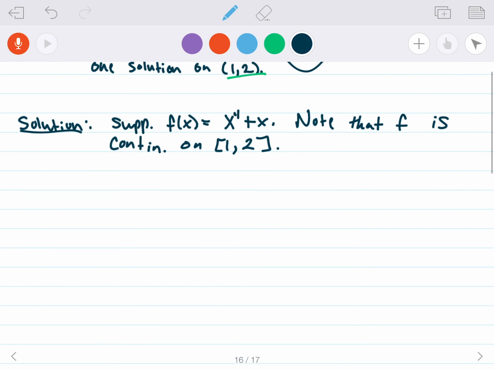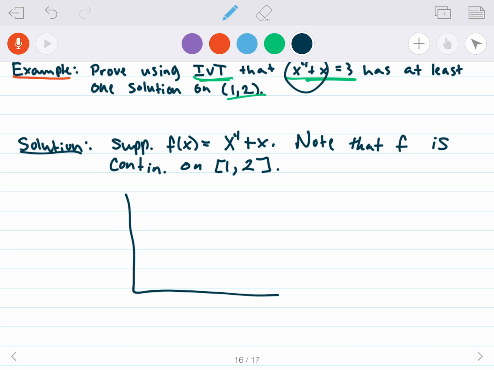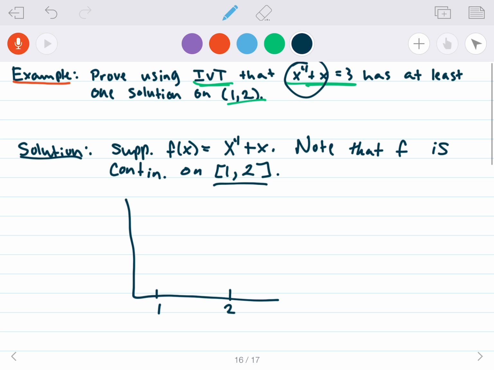All right, and so let's draw a picture so that we can apply our intermediate value theorem. And I don't know what this function really looks like. I don't care. I'm just going to draw a picture here. Here is our A B from our theorem. So 1 to 2. So what are we trying to show? We're trying to show that f of x equals 3 has a solution in [1, 2].